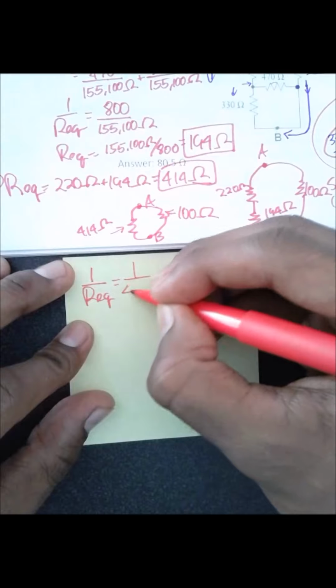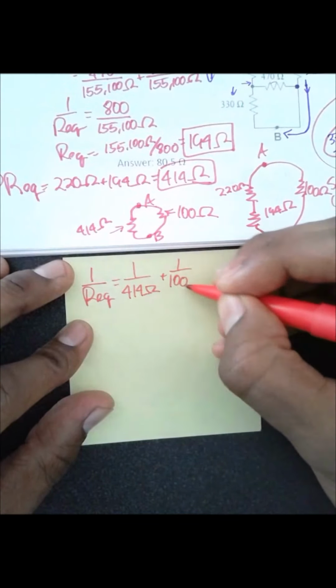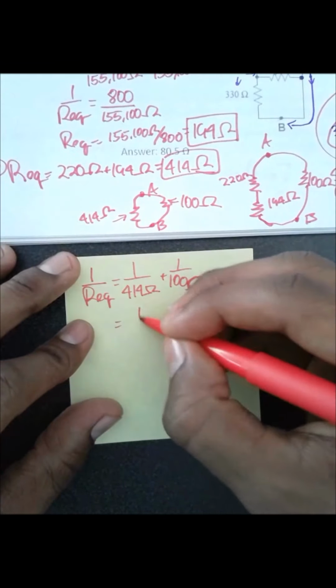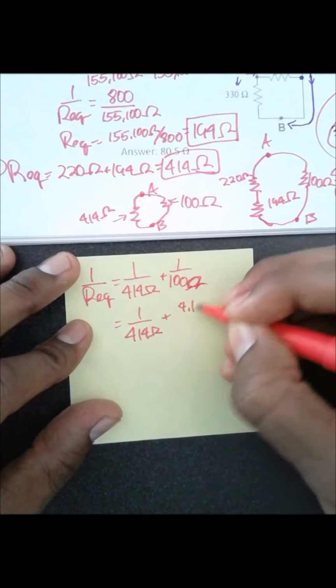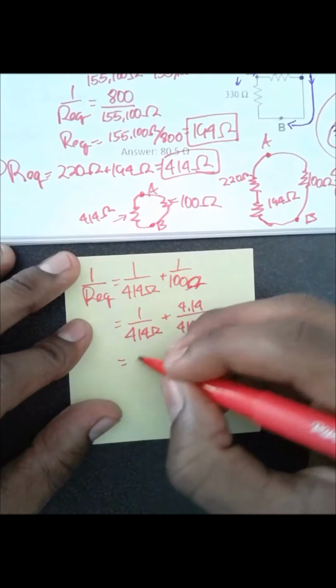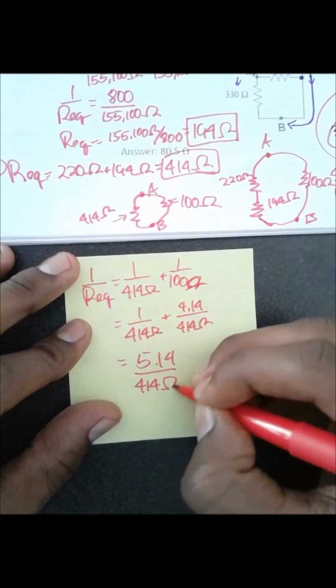1 over REQ is 1 over 414 ohms plus 1 over 100 ohms. Now, for this one, we can just do 1 over 414 ohms plus 4.14 over 414 ohms. So we get 5.14 over 414 ohms.